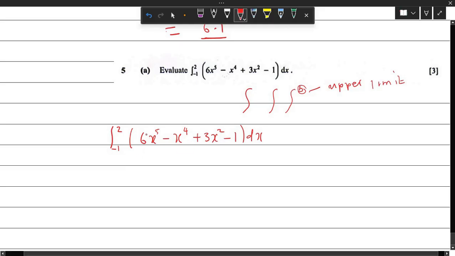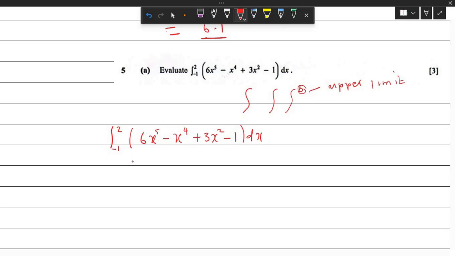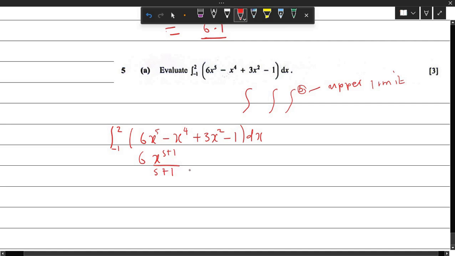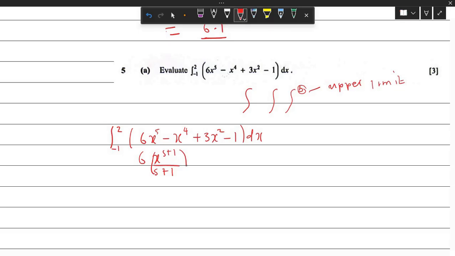If you integrate, the constant always comes out. So integrating the first term, you say 6. Then if you integrate this one, it will be x to the power 5 plus 1 over 5 plus 1. Mind you, you can put it in bracket just to show that you are multiplying, minus.